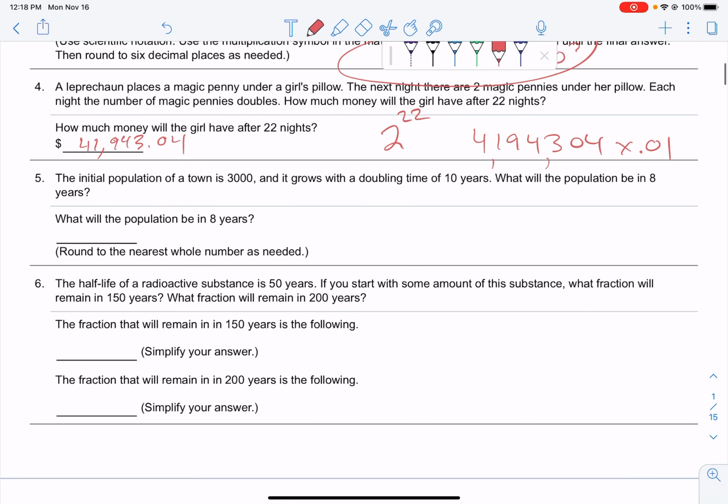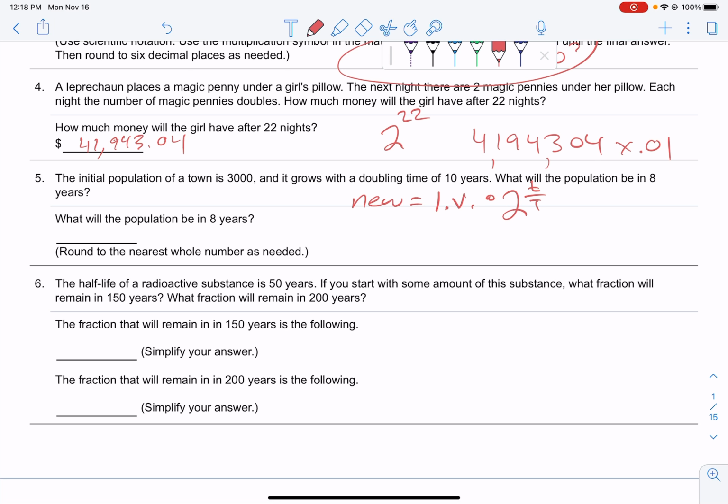The initial population of a town is 3,000, and it grows with a doubling time of 10 years. What will the population be in 8 years? So remember, to do our population growth and all of this doubling, our new value is equal to our initial starting value multiplied by 2 raised to the little t over big T. And remember, big T is the number of years it takes to double.